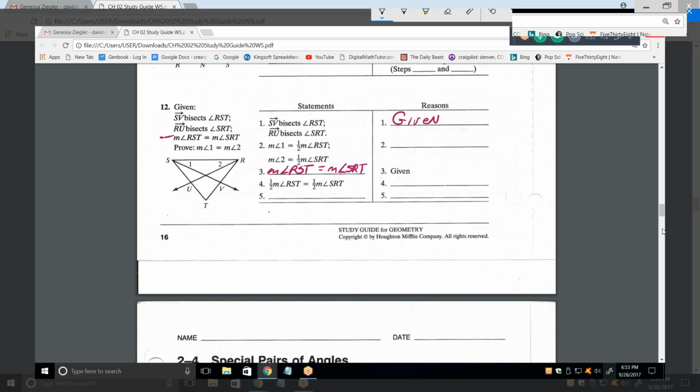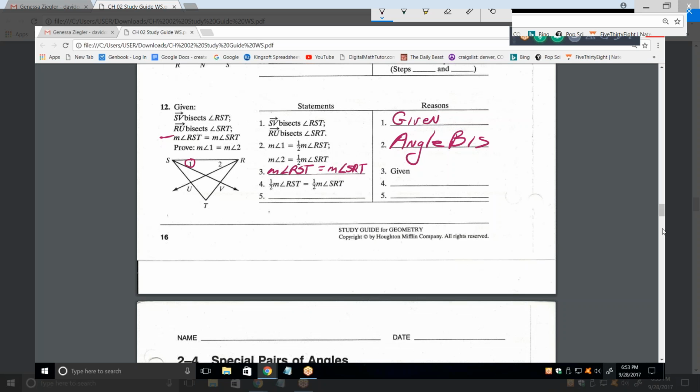Bisector. Angle bisector theorem. In other words, that's exactly what the angle bisector theorem says, is that if a ray bisects an angle, then one angle is equal to 1/2 of the full angle. That's why we can say that angle 1 equals 1/2 of RST, because of the angle bisector theorem. And the same thing with angle 2.